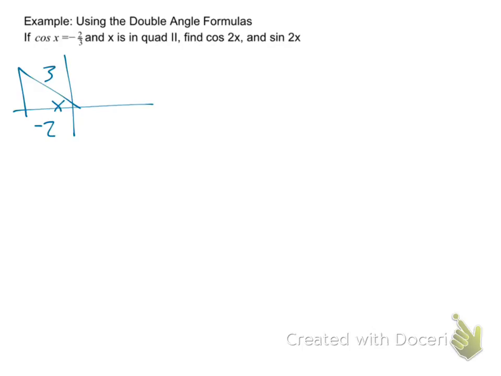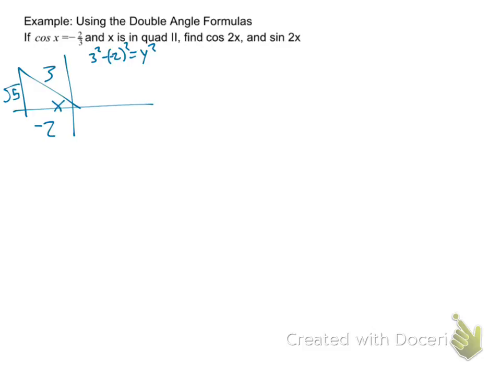But to do this, you'd be like, oh, that's 3 squared minus negative 2 squared, and that'll equal y squared, which is here. 9 minus 4 is 5. So it's the square root of 5, right? At this point, you should be able to tell me the sine, cosine, tangent, and their reciprocal functions of x. Okay, that's old news.